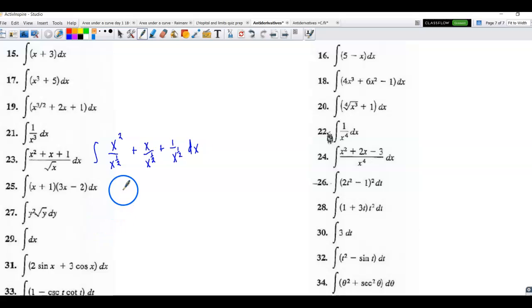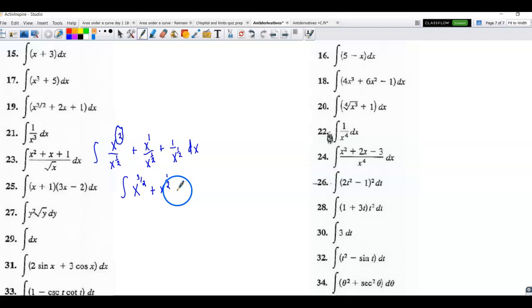Going to keep cleaning up. And so when I simplify, I want all my variables and their powers in the numerator. So here I have 2, which is 4/2, minus 1/2 gives me x to the 3/2. In the second term, I have x to the first power, which is 2/2, minus 1/2 in the denominator gives me x to the 1/2 power.